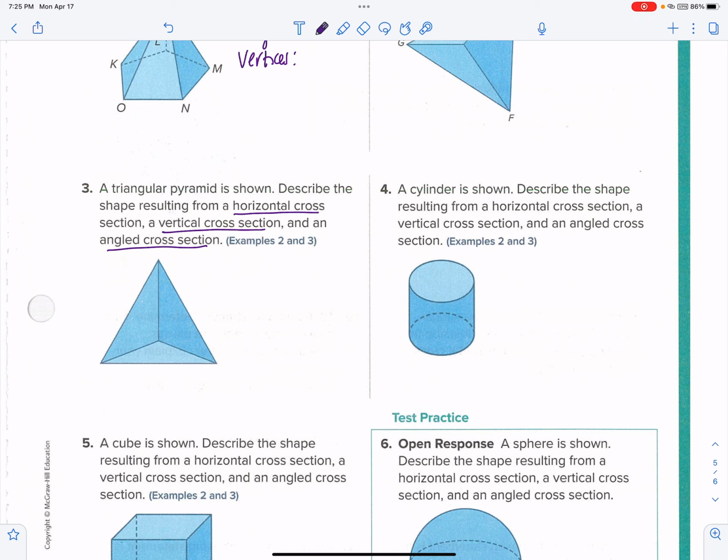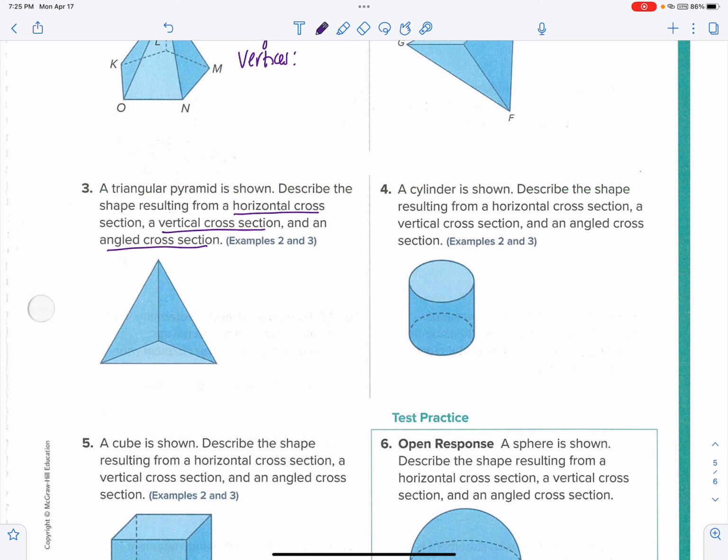And then think vertically. It's going to cut it straight down at the peak down through. What shape would that make? And then also an angled cross section. It's actually a lot harder than you think when you don't see the cross section. So go ahead and give that a try, and then we can discuss it tomorrow.